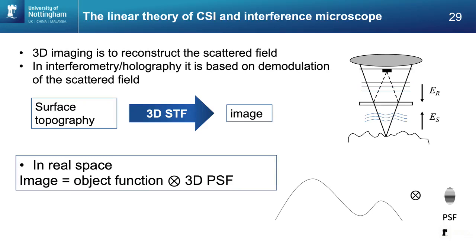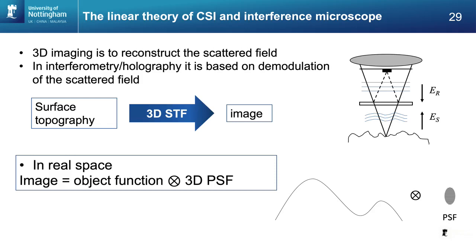So here's the basic theory: 3D imaging. It's not a 2D imaging process. Even though we use a 2D sensor, we take multiple sets of 2D images of the surface, or 2D fringe patterns. So from the surface topography, there is some three-dimensional surface transfer function, which then becomes that image.